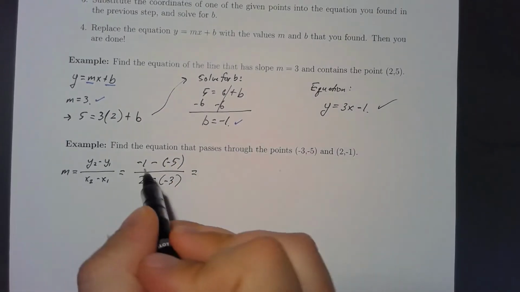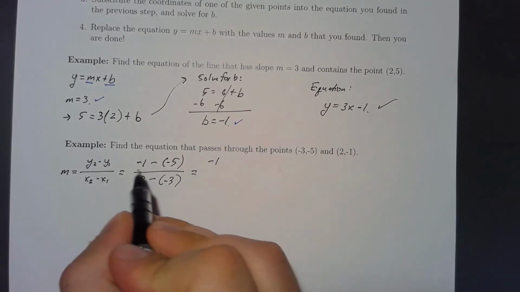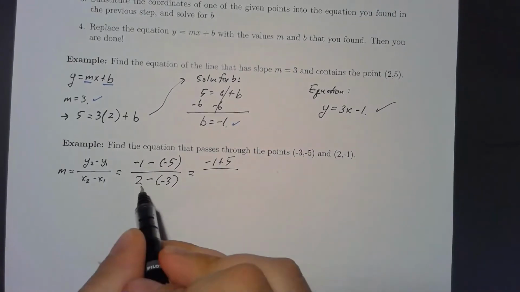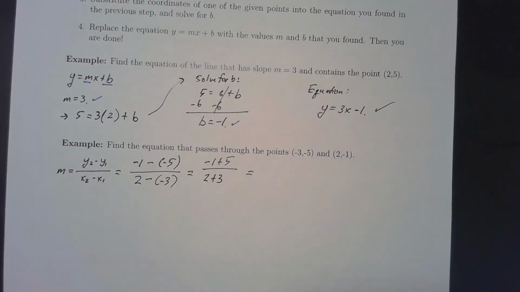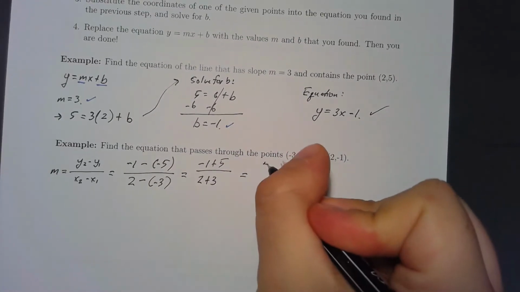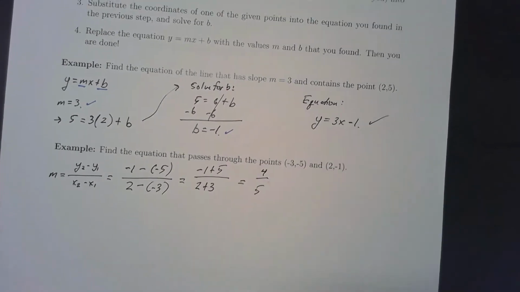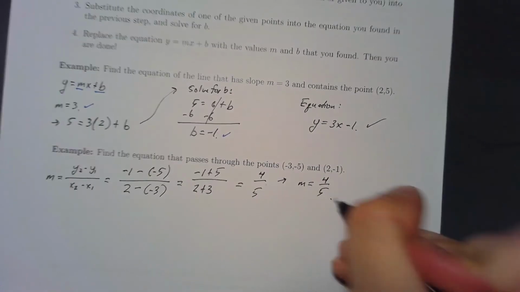A minus a negative is a positive, so I have negative 1 plus 5, and then 2 minus negative 3 becomes 2 plus 3. Negative 1 plus 5 is 4. 2 plus 3 is 5. So my slope is 4/5.